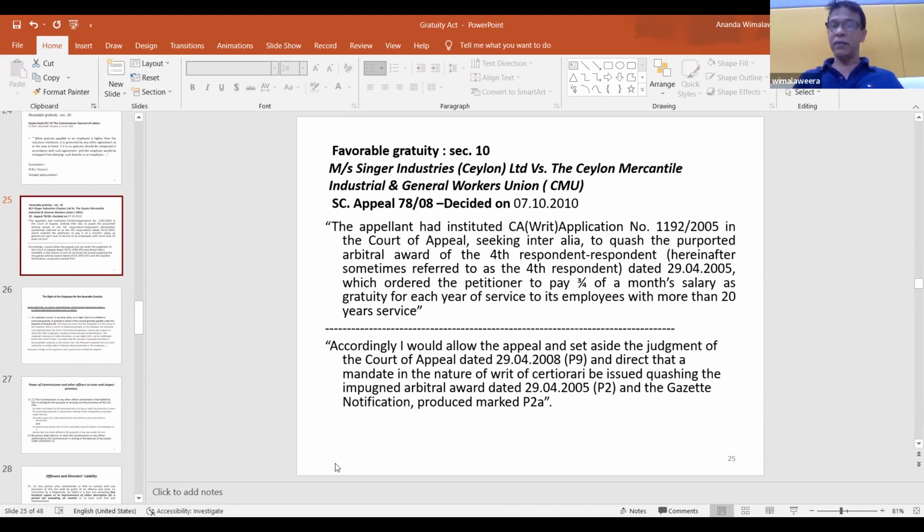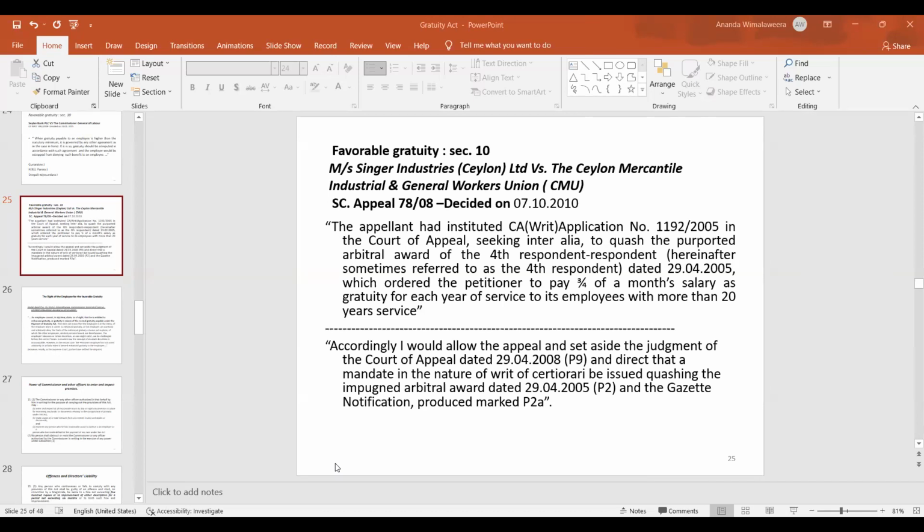What is the point? Can anybody think about it? Why did the Supreme Court decide that the company does not need to pay three-fourths? They have paid the legal one, 50%.